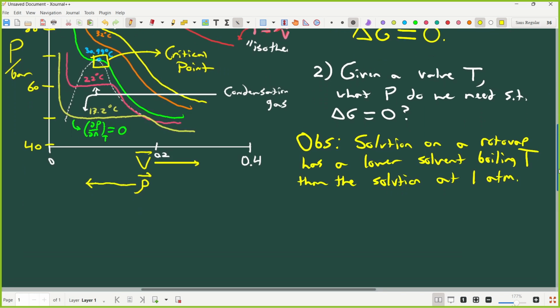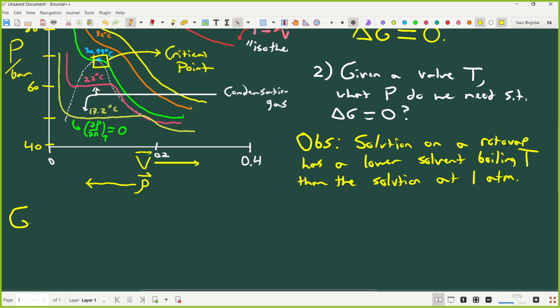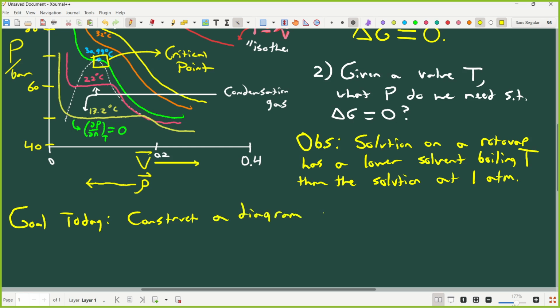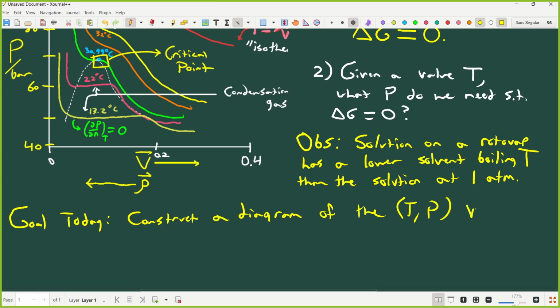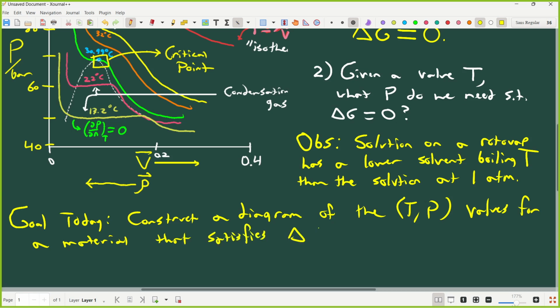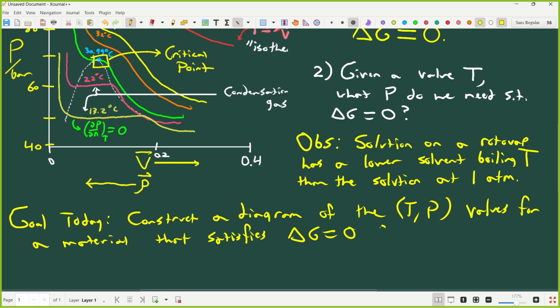So our goal here is to construct a diagram of the T and P values for a molecule that satisfy delta G equal to 0 for a phase change.